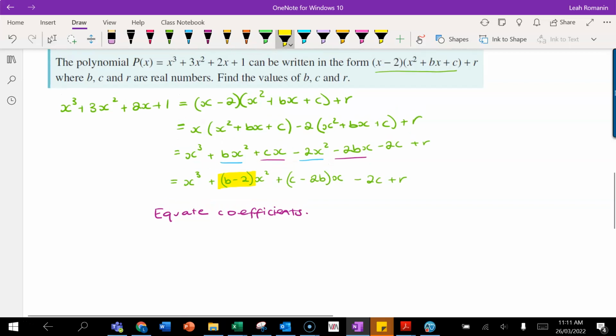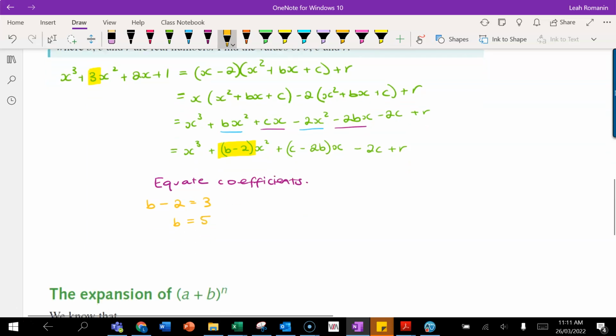Now looking at this, I'm going to equate it with the coefficient that I know is with x squared. So what I'm going to do is say that b minus 2 must be equal to 3. Solving for b by plussing 2 to both sides, I'm going to have that b is equal to 5. So that is one coefficient that I have now.